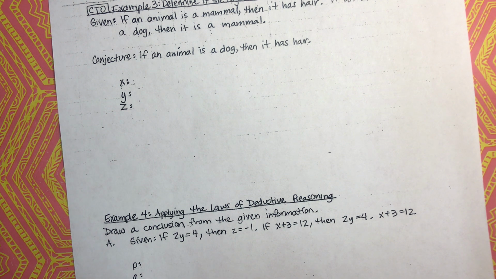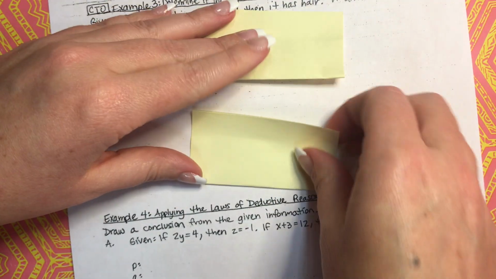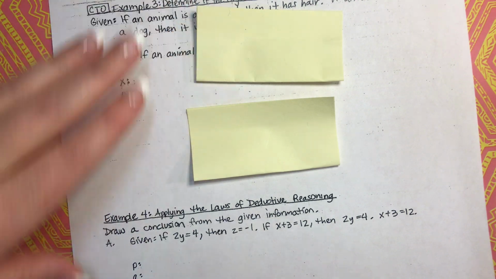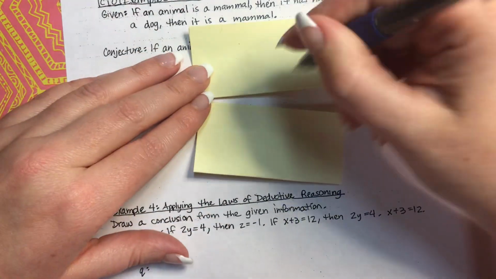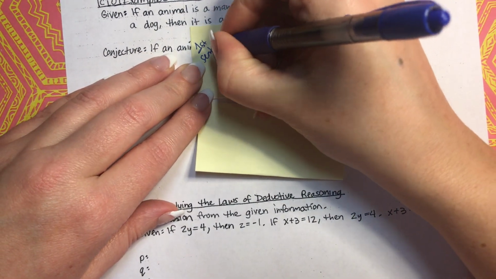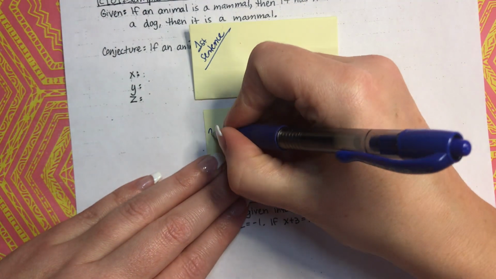Now, remember when I said the first sentence has to be P, or I said most of the time it's P to Q. So this is going to be my first sentence. This is going to be called my first sentence. And this is going to be called my second sentence.